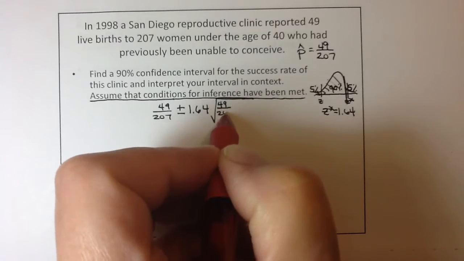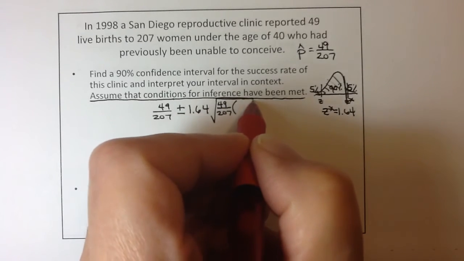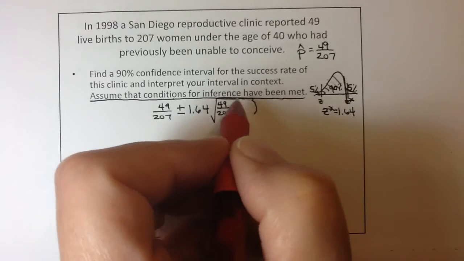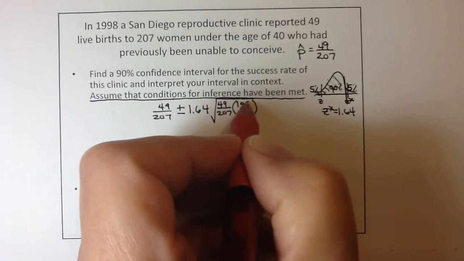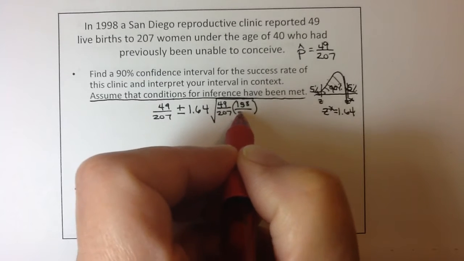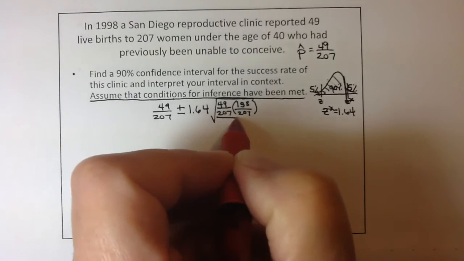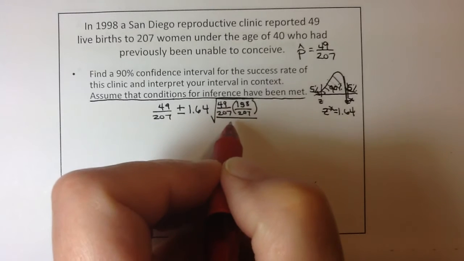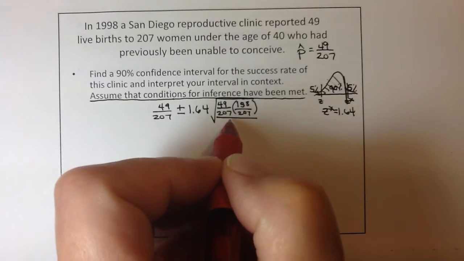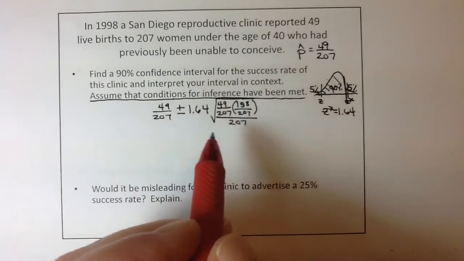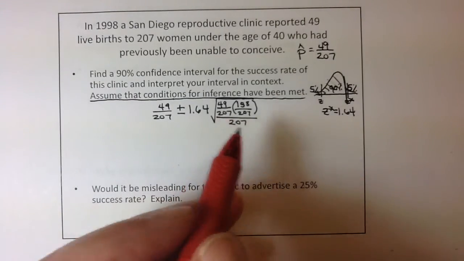So 49 out of 207 successes. And if we subtract 49, we get 158 failures out of 207. And then divide that p hat times q hat by the sample size, which is 207. And then we want to crunch that out in the calculator.